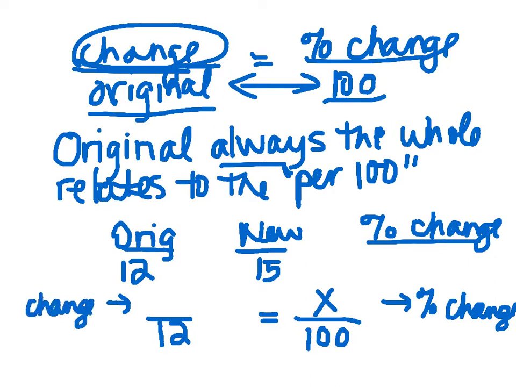So if I'm making a proportion where percent change is the top of the percent, then the change itself has to be here. From the original to the new, it goes up $3. So if I finish this problem, you can see, as I always say, if you can simplify up front, clearly 3/12 is 1/4, and that means that x is 25%.